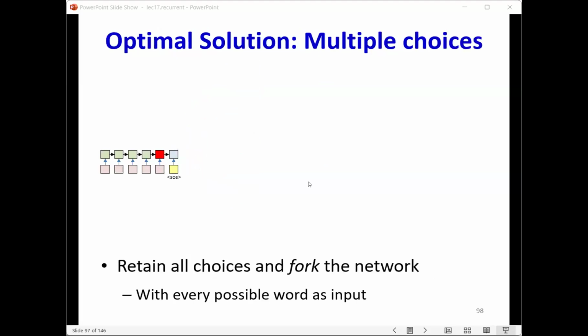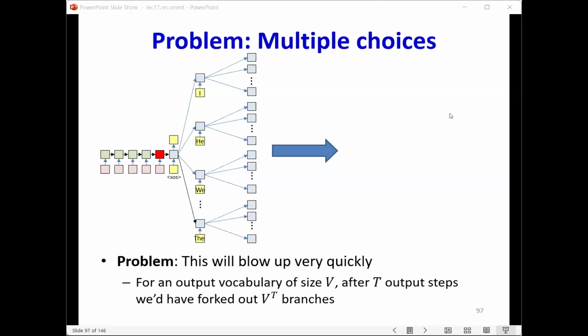And so I can actually generate the entire tree of possible symbol sequences, word sequences. And then I can compute the probability of any word sequence by simply multiplying the probabilities all along the tree. And then I can pick the highest one. And this is going to be the correct thing to do, right?